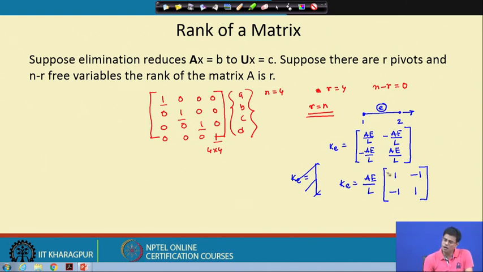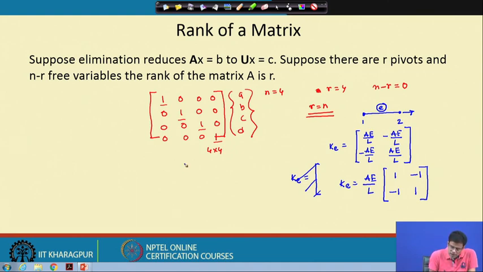By just doing row operations, you can add the first row and second row and replace the second row, then this row will be 0. That means 1 minus 1 will be 0 here, minus 1 1 will be 0 here, so one row of the matrix will be 0. So this is a rank deficient matrix and the rank will be 1.